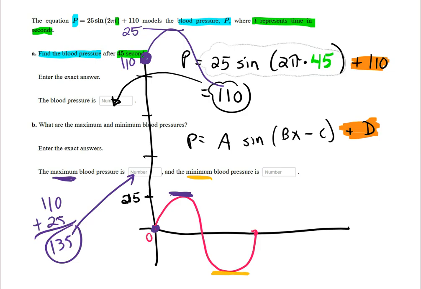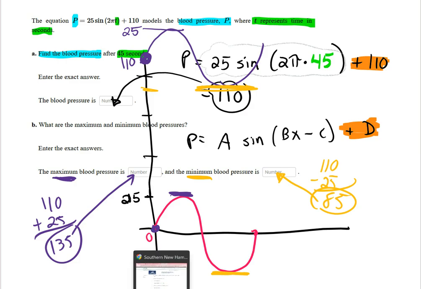So if the amplitude up here is 25 above it, then the amplitude here is 25 below it. So this would be the 110 minus 25, which would be 85, and that's what goes there. And I hope that made sense.